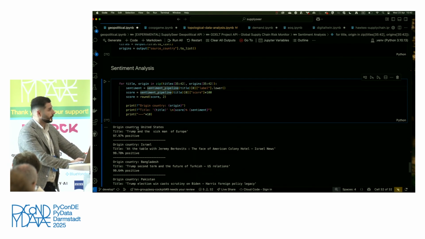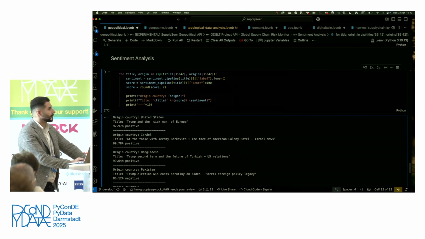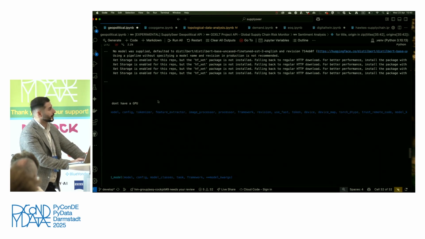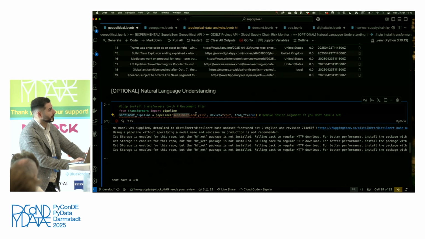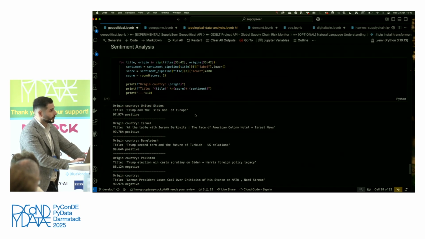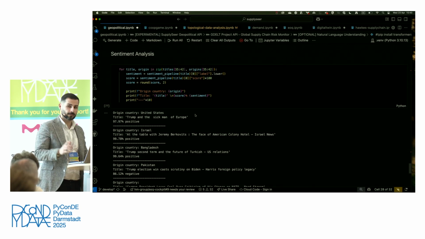Origin country, United States, title, Trump and the sick man of Europe, 98% positive. Israel, at the table with Jeremy Berkowitz, the face of American colonial, tell Israel news, almost 100% positive. So this is just for demonstration, right? I think I took a basic one, I didn't even choose a model, right? But as I mentioned, if you have a GenAI solution, you could easily extend this to that solution.